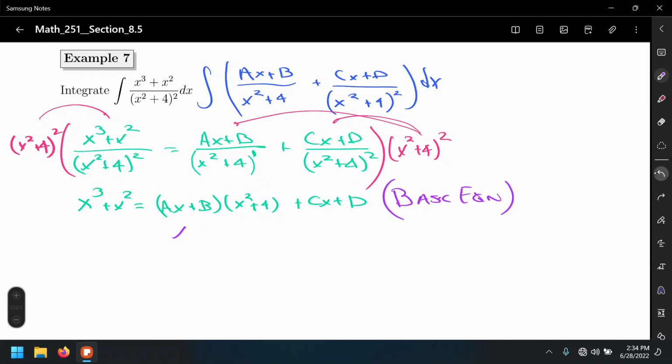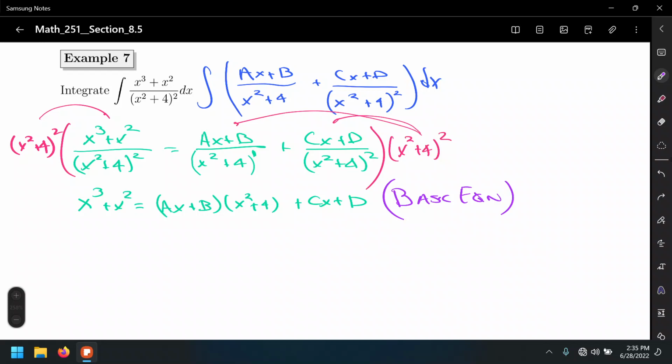Okay, so we're going to do something else. We're going to do what we call the undetermined coefficients. Can you distribute x squared plus 4 to ax plus b, and you get ax times x squared plus 4 plus b times x squared plus 4? Yeah, so we're going to distribute, and then we're going to equate coefficients in a different way. The reason I'm going to do this is because it's one of the basic principles when you go to differential equations.